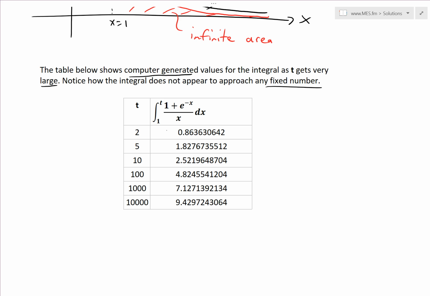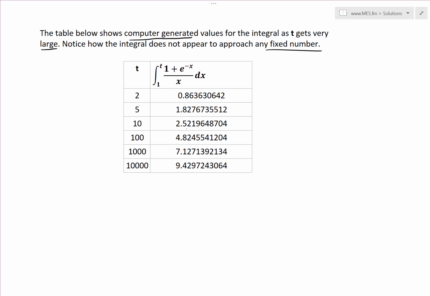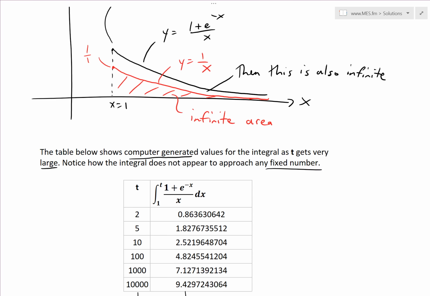As you can see, when it's 2 you get 0.86, when it's 5 you get 1.82, when it's 10 it's 2.52, etc. And as t keeps getting larger and larger, going to infinity, this number also goes to infinity. So it just keeps going on and on, and you don't have an exact answer.